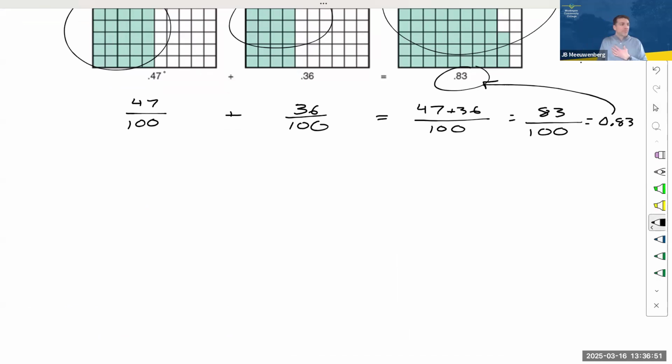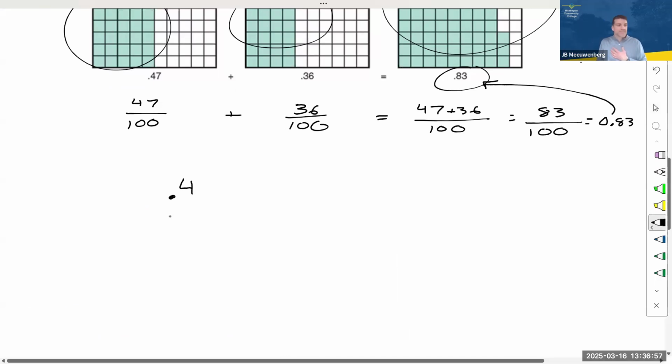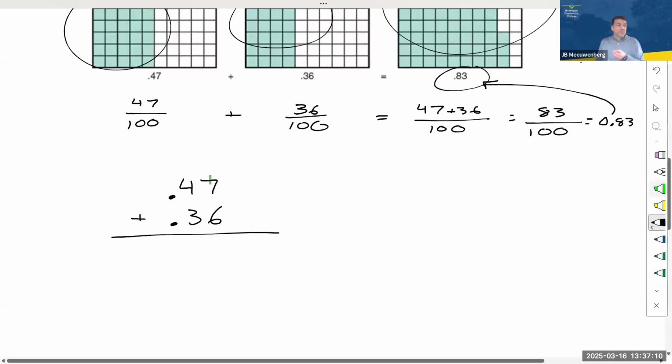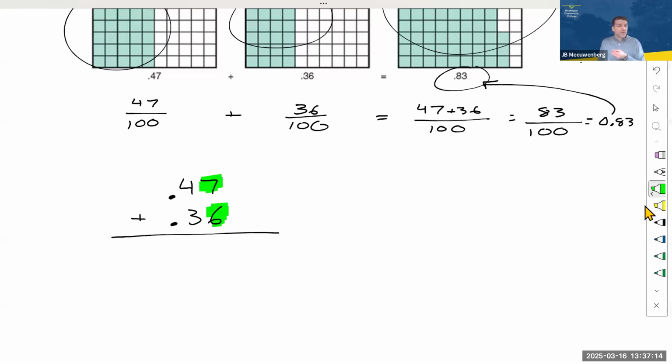And so if we're going to do this same problem, 0.47 plus 0.36, we would traditionally write those like this and like that. We would align them in this way. Why do we do that? Because it's all about making sure that we are aligning same place values. Hundredths place has to align with hundredths place. Tenths place has to align with tenths place.